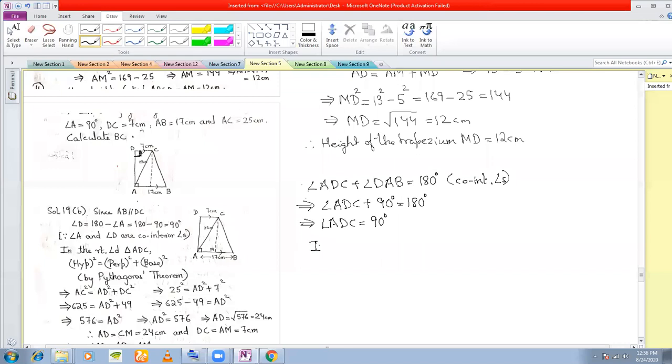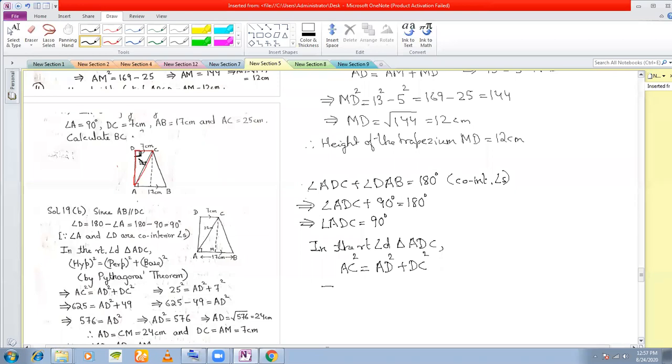So in the right angle triangle ADC, that means now I'm talking about this right angle triangle, this red one. Okay, in this right angle triangle, which one is the hypotenuse? This is the right angle, so opposite to this must be the hypotenuse. So you have AC square is equal to AD square plus DC square.